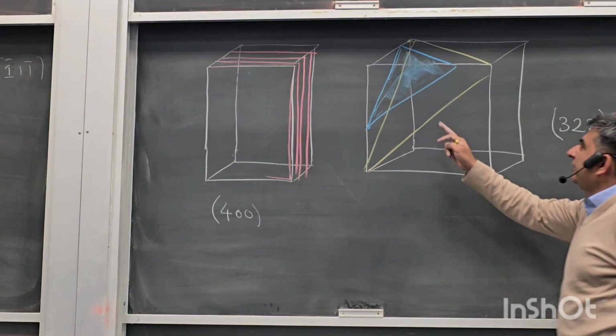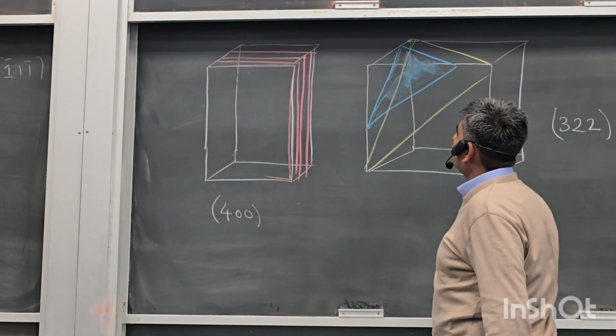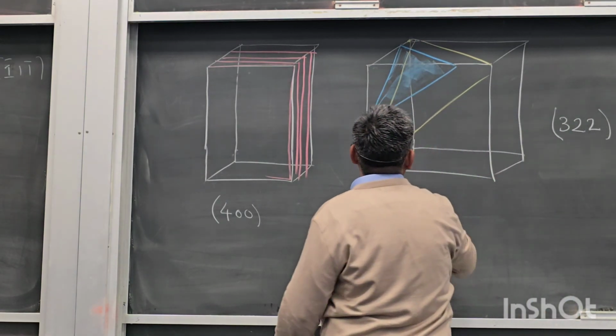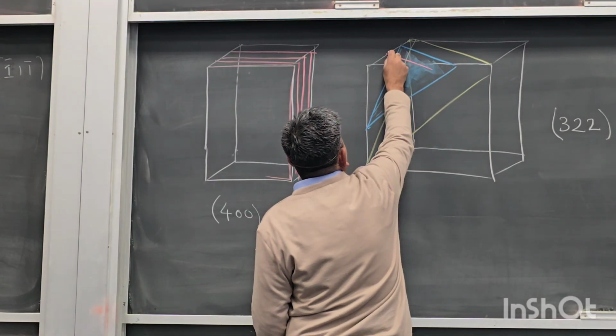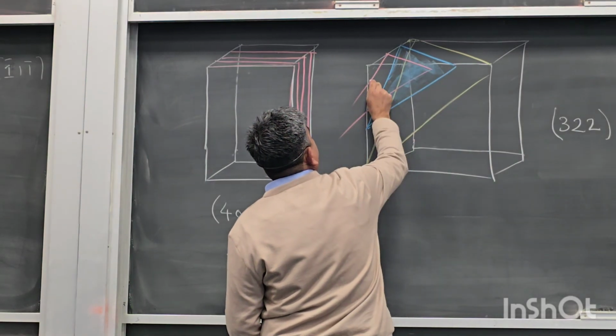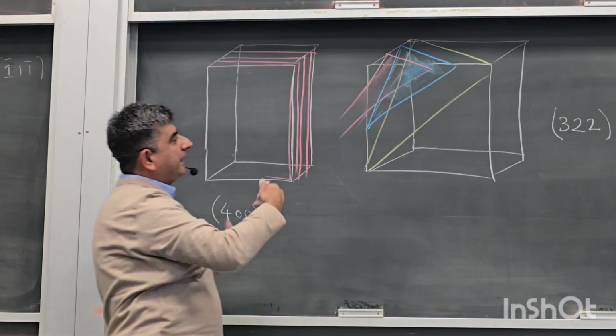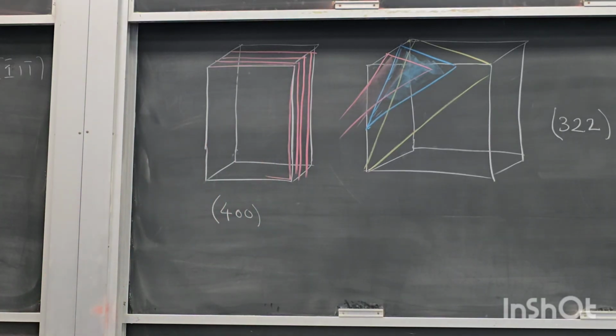As you move from origin here to here, you get 3 crossings. There will be another one over here. Right? These are how these planes are disposed inside this unit cell.